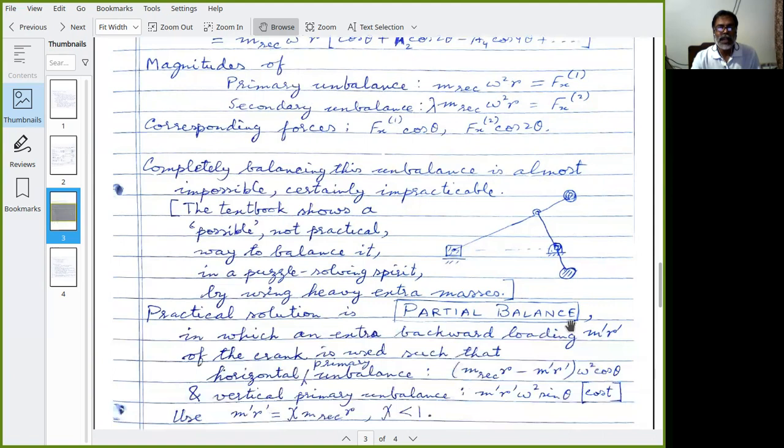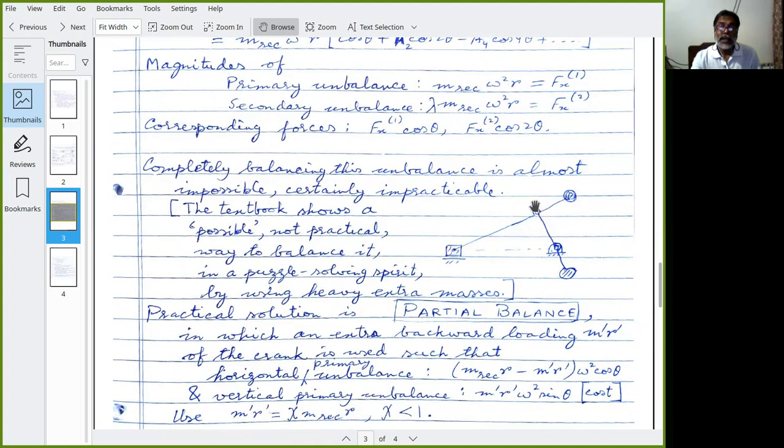The way to do that is to extend the connecting rod further and put a mass here first, such that this mass, the extension of the connecting rod itself, and the whole piston assembly have its CG at the crank pin, where crank and connecting rod connect.